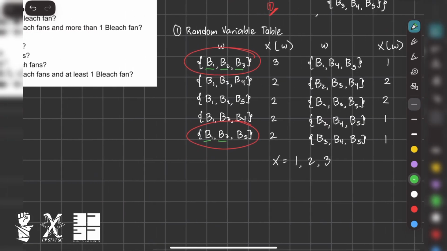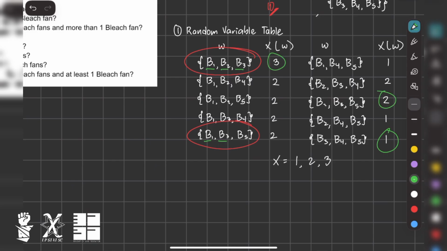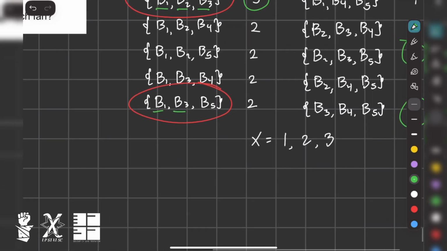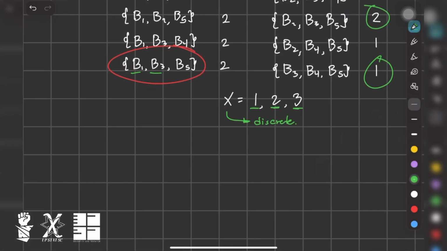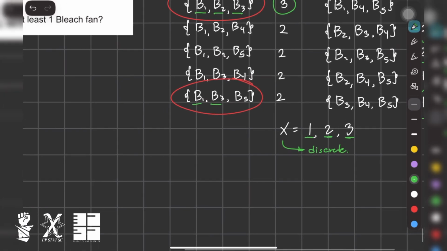A random variable is discrete when the values that it takes up are either finite or countably infinite. We know that 1, 2, 3 are definitely finite numbers. So we know that x, our random variable, is discrete.